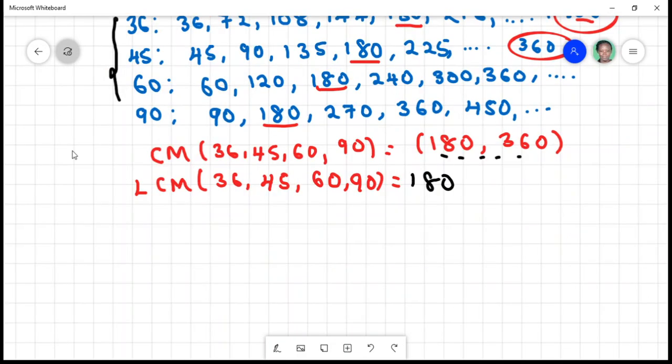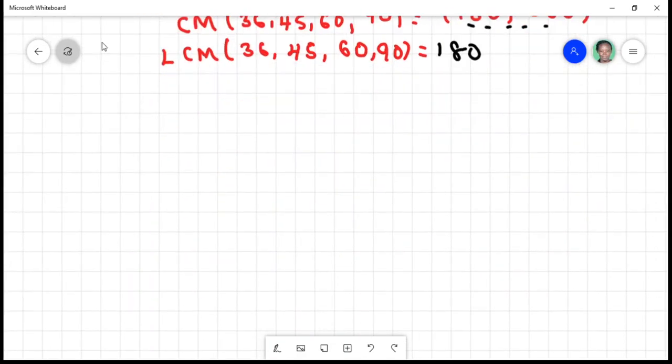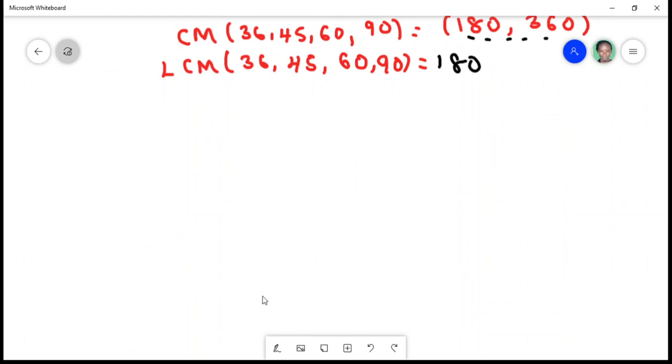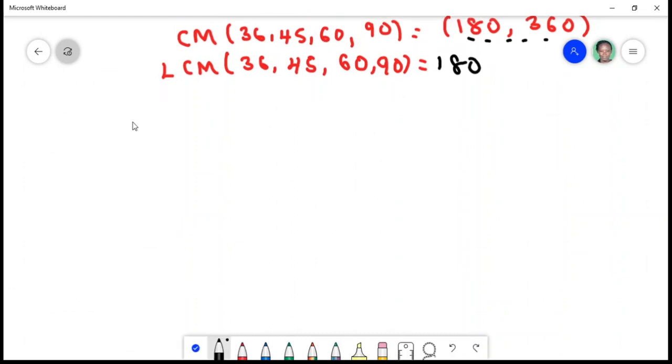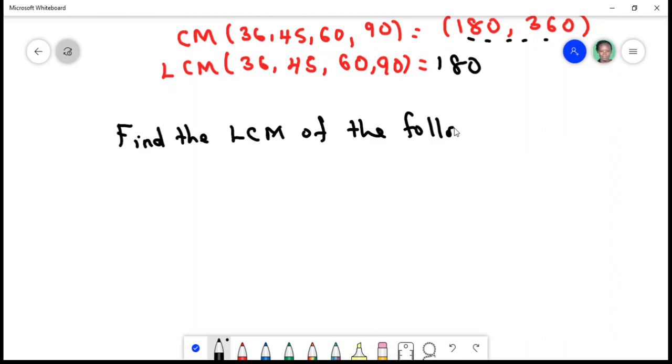I want you to try this for me. I want you to find the LCM of the following. 1, you have 18 and 24.